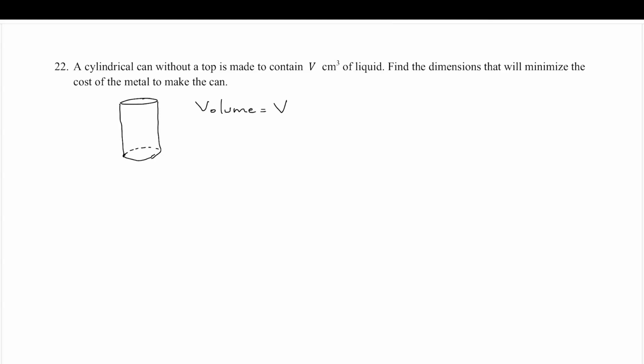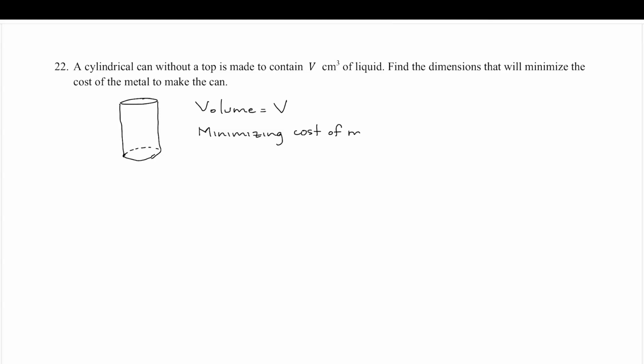Okay, now we're trying to find the dimensions that will minimize the cost of the metal to make the can. So note to self, we were not given any cost of materials like we were in the previous question. The cost to make the base is this, the cost to make the sides is that.